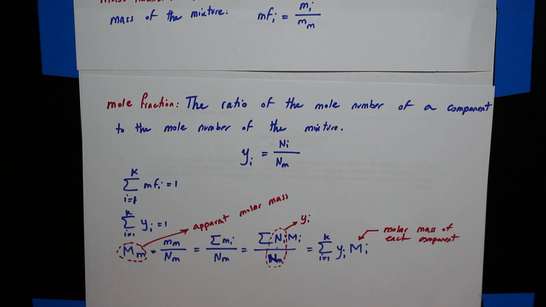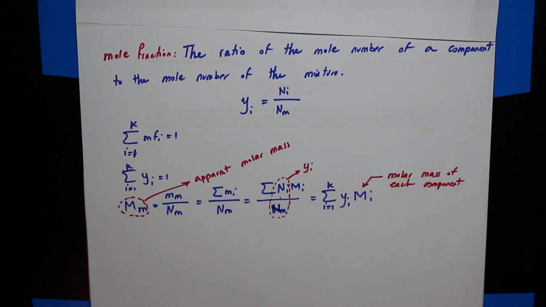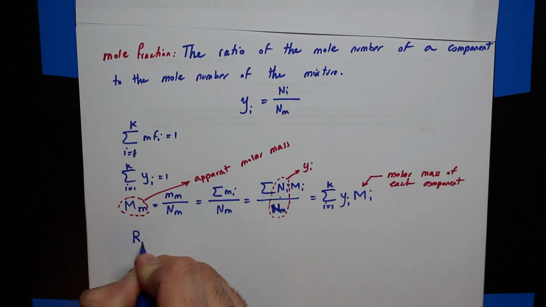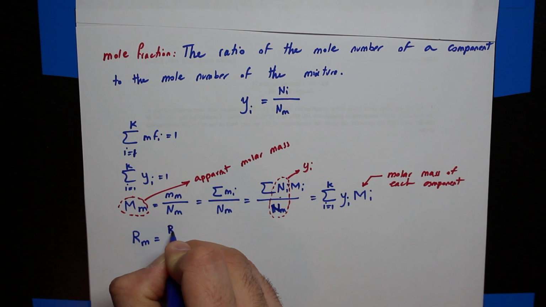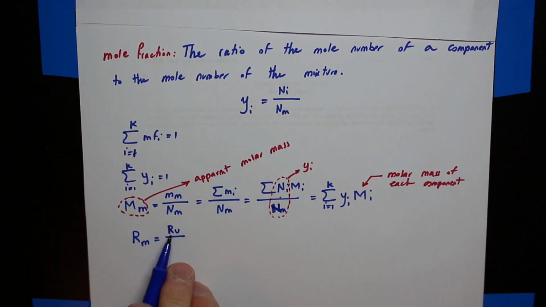The other thing that we can define for the mixture is R_m. R_m is the gas constant of the mixture. So R_m is R_u, which is the universal gas constant, 8.314 kilojoule per kilomole Kelvin, divided by the molar mass of the mixture.